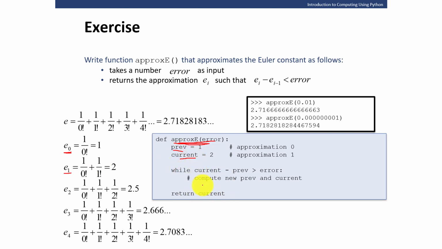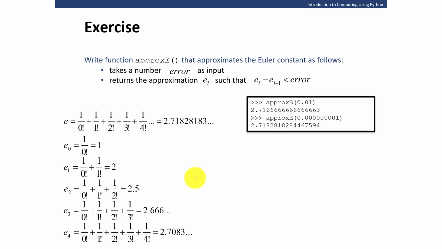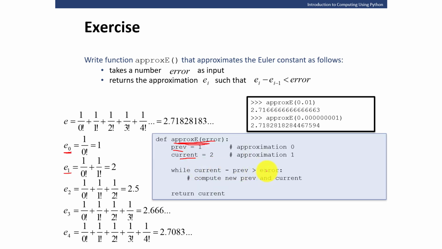So while the current minus the previous is less than the error rate given by the function, we should compute a new previous and current. How can we compute a new previous and current?